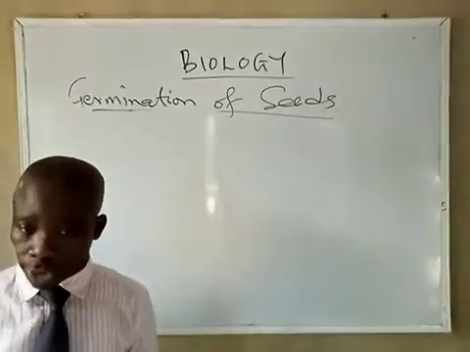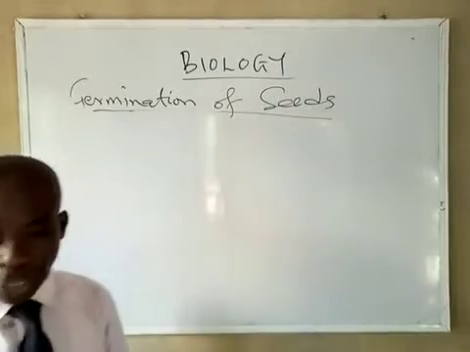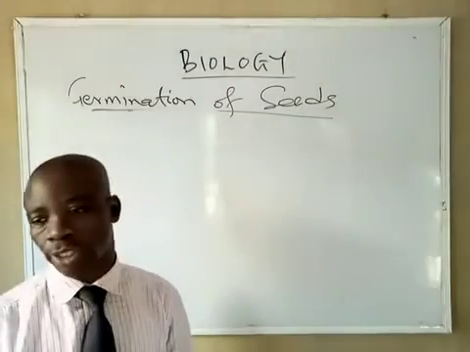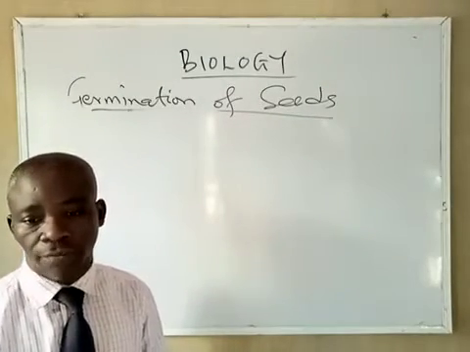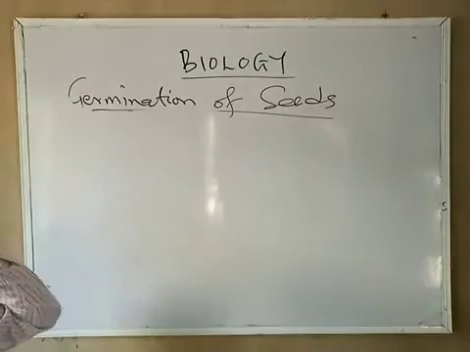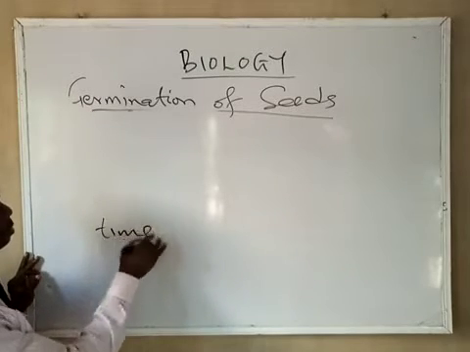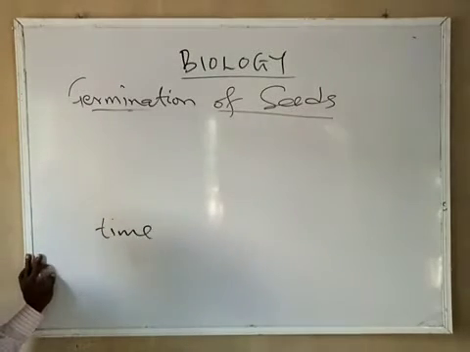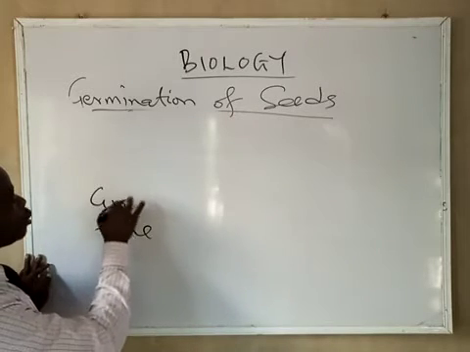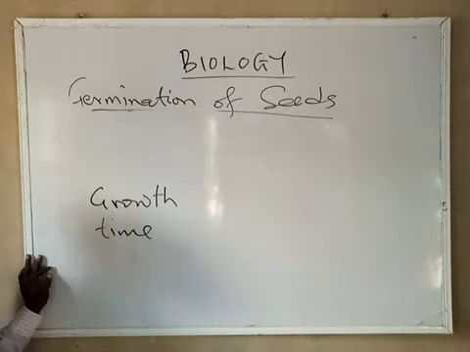Because germination is a process, we can look at activities taking place and look at variables that are taking place during that germination. Because it's a process, it takes time. And because it's a growth, we can measure it. It has to do with growth over time.